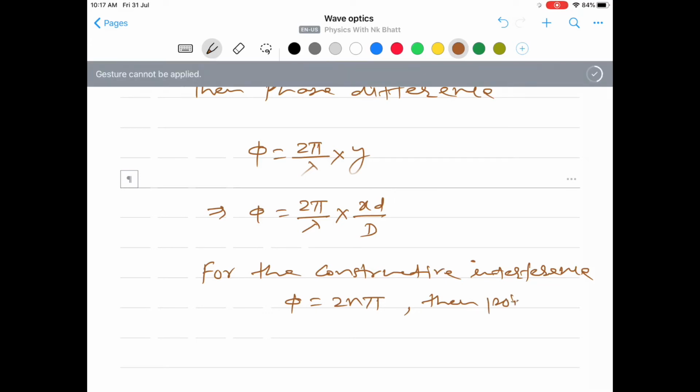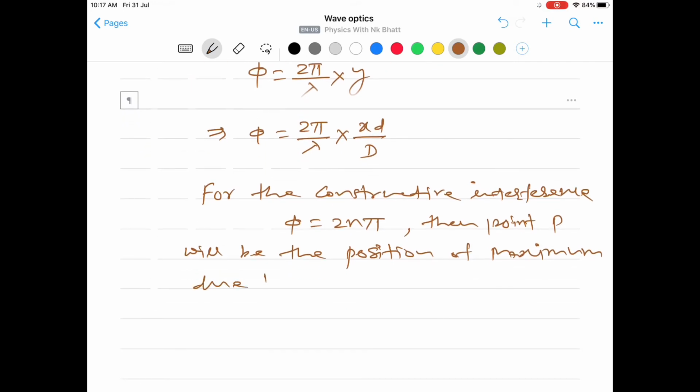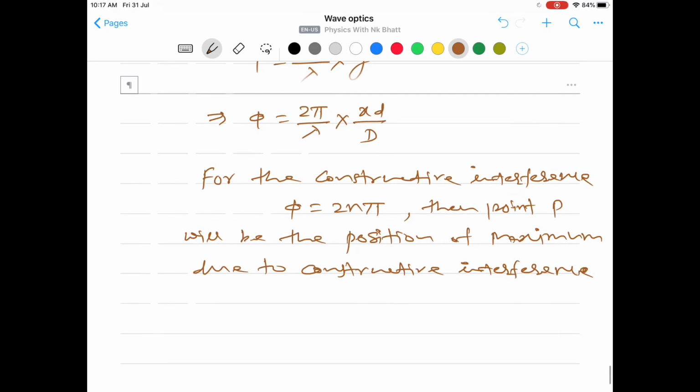Then point P will be the position of maximum due to constructive interference.